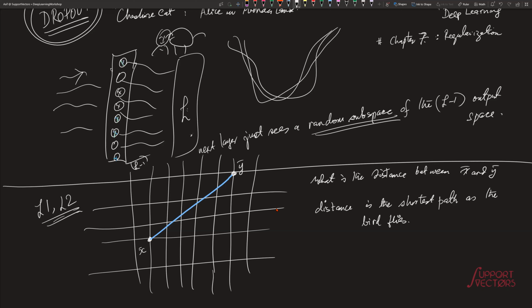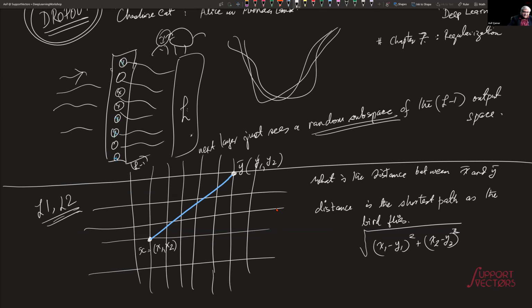And how would you compute this distance? Suppose x is made up of components x1, x2, and y is made up of y1, y2. You would agree that this distance would be the square root of x1 minus y1 squared plus x2 minus y2 squared.